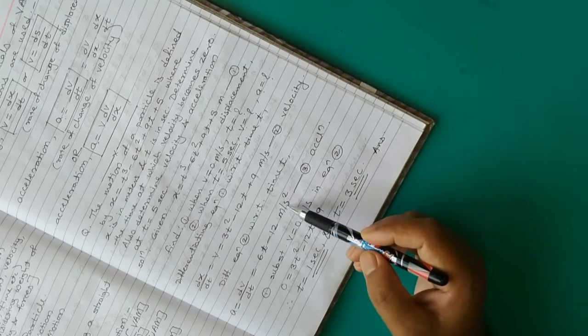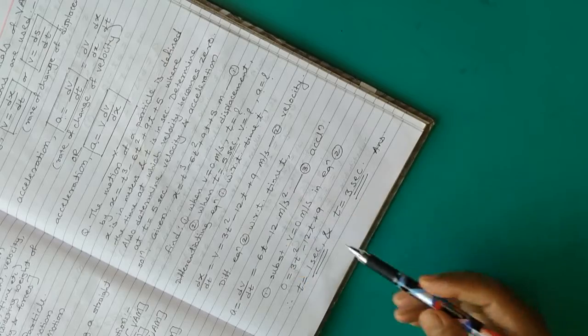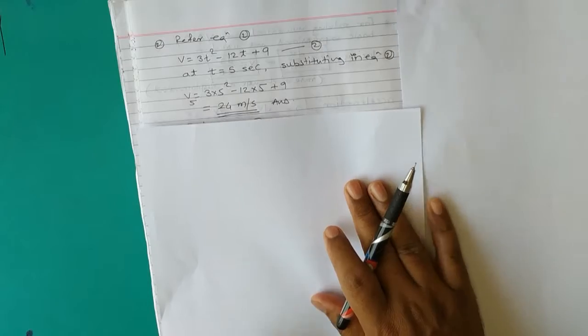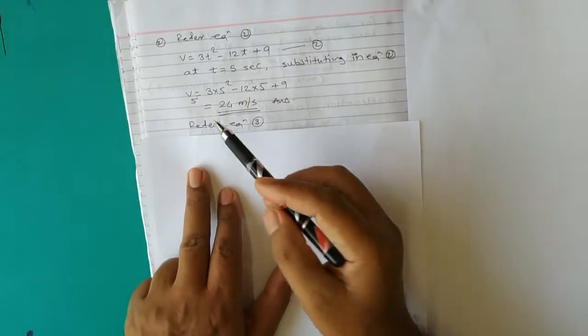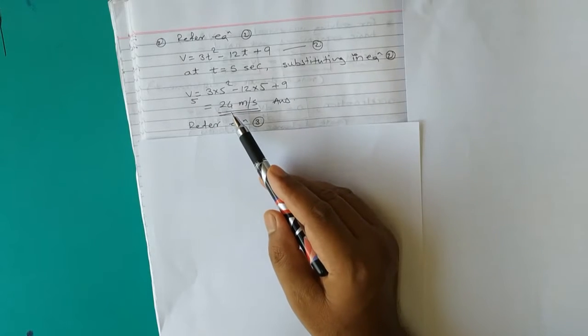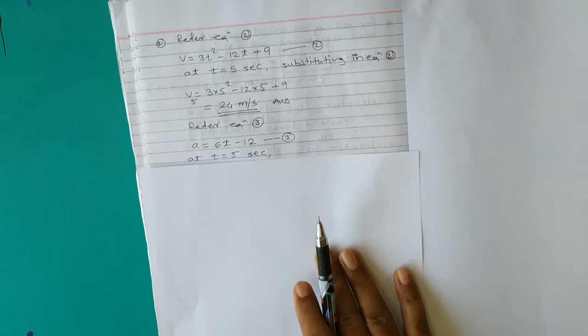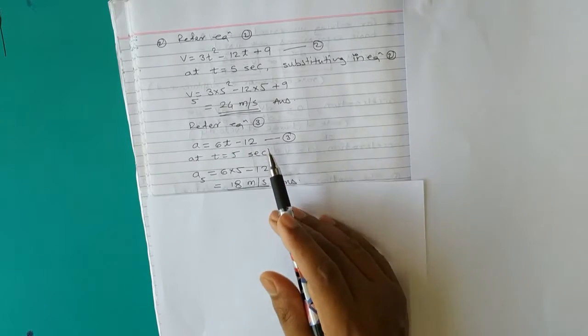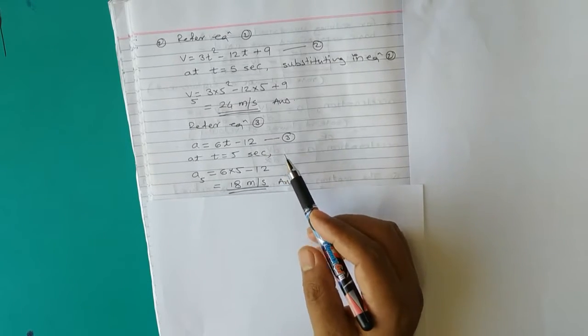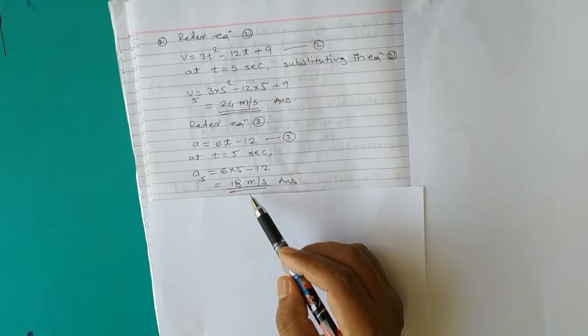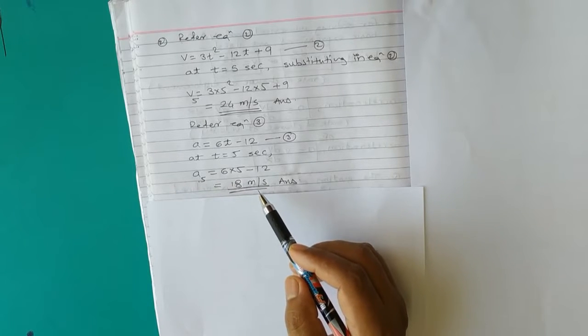Don't forget to write down the units for the quantities you are calculating. So velocity at t equals 5 seconds comes out to be 24 meter per second after substituting in equation number 2, and by substituting t equals 5 in equation number 3, the acceleration comes out to be 18 meter per second.